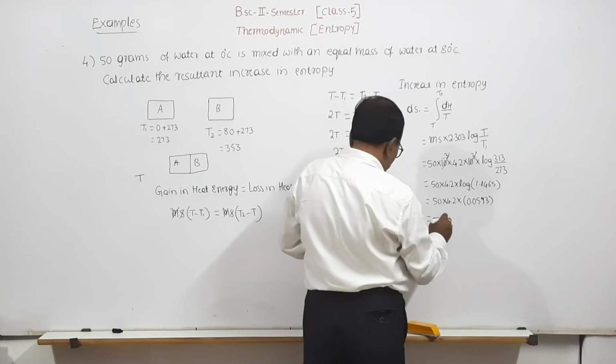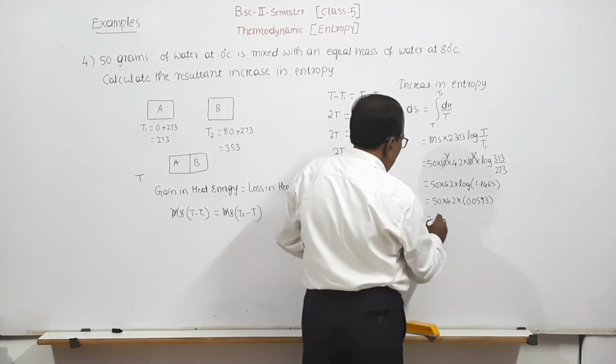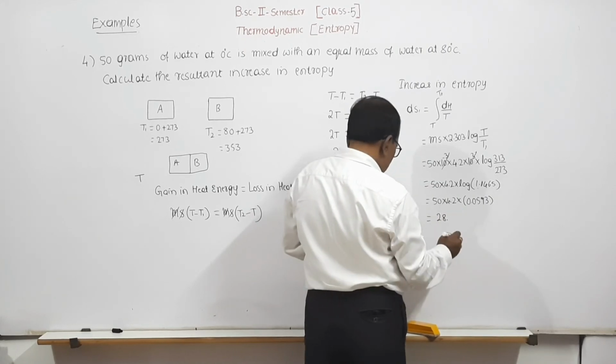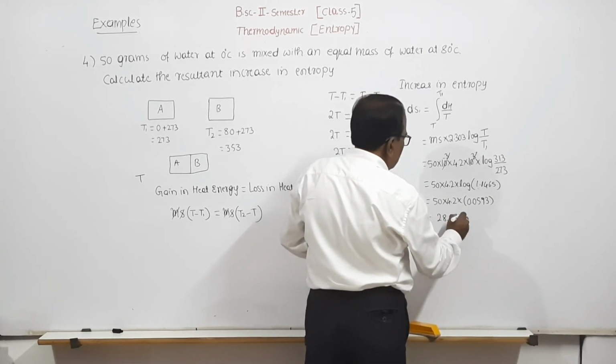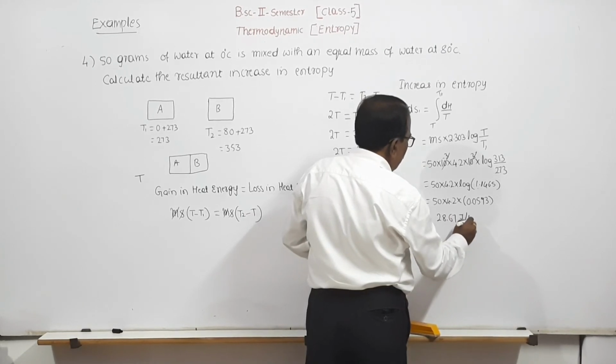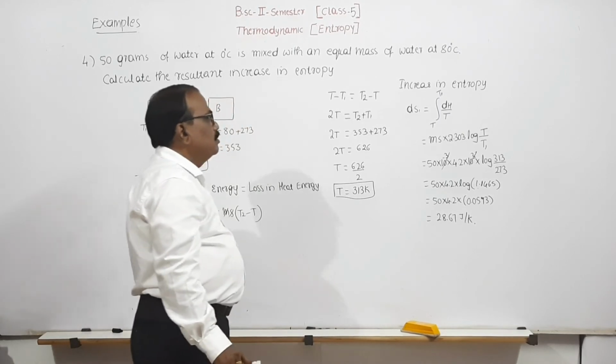If you simplify this, you are going to get 28.67 joules per Kelvin. This is the increase in entropy.